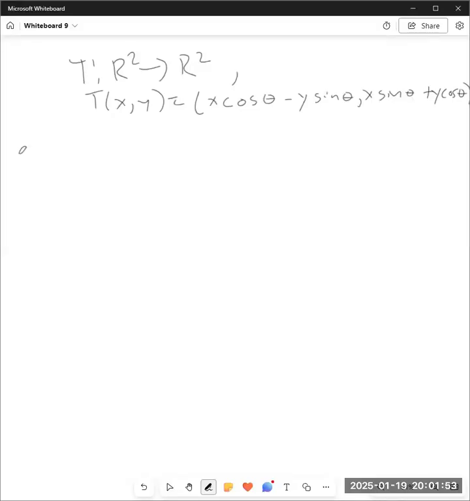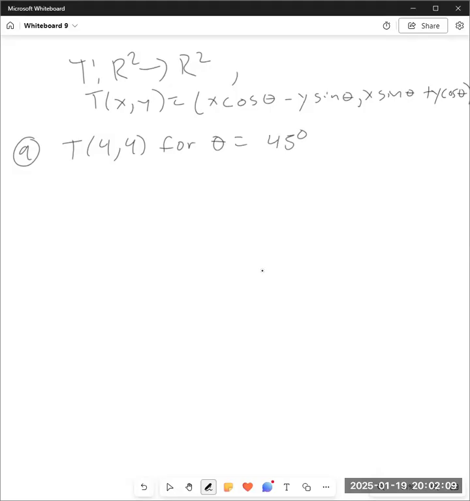And first we want to find T of 4, 0 for theta equals 45 degrees.